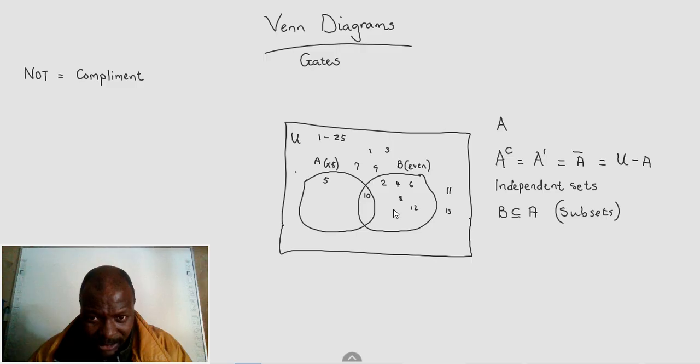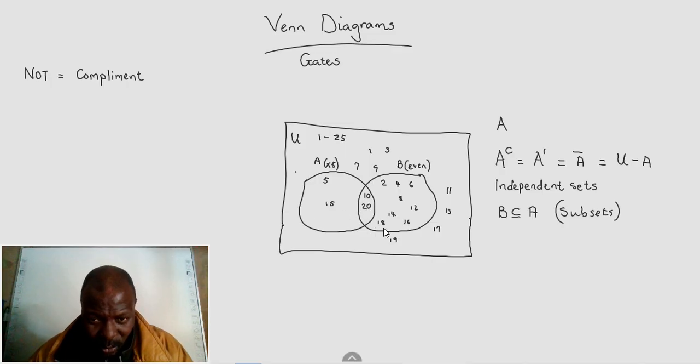Let's go to 14. Let's go to 15. 15 is a multiple of 5, but it is not even. Let's go to 16. It's an even number. Let's go to 17. It is neither. Let's go to 18. It's an even number. Let's go to 19. It's neither. Let's go to 20. 20 is both a multiple of 5 and an even number.